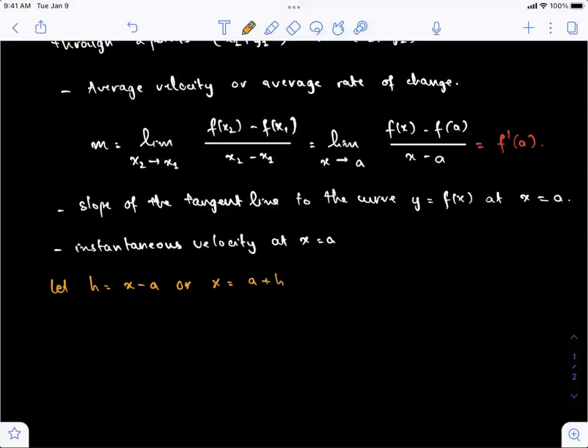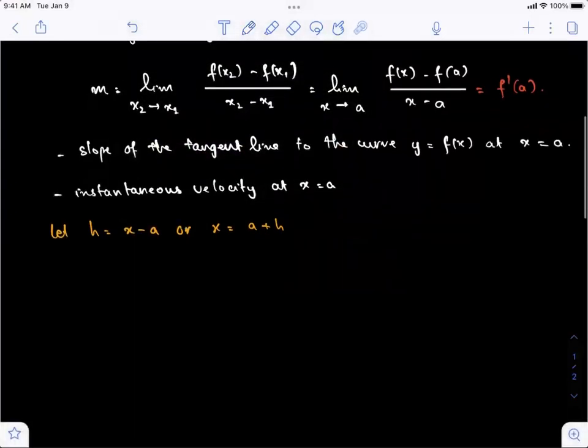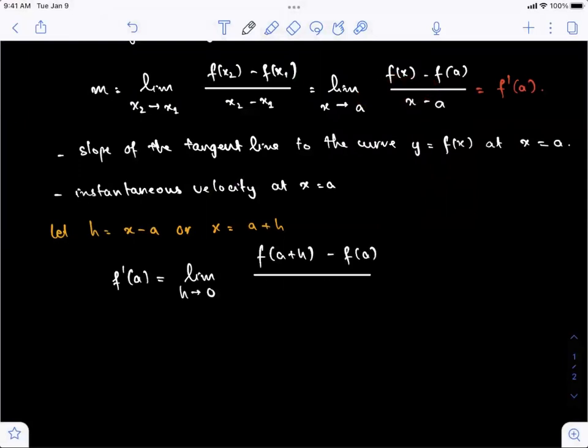So this formula now becomes f prime of a equals the limit as h approaches 0 of f of a plus h minus f of a over h.